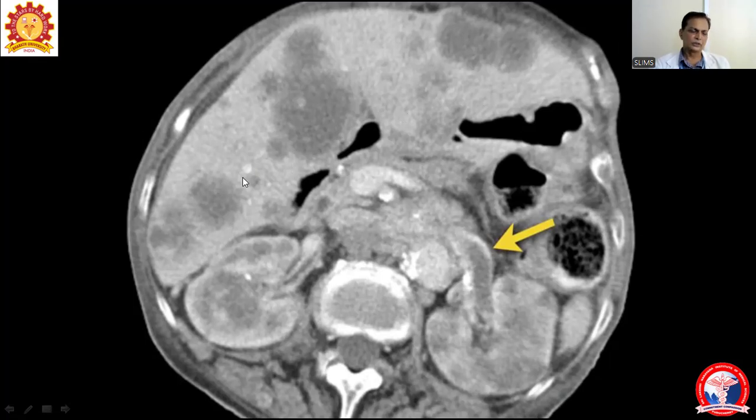And multiplicity also is one of the various morphologies, and goes in favor of malignancy. Here we are seeing renal cell carcinoma metastasizing to the liver, and one extra additional finding is shown by the yellow arrow, that is left renal vein showing intraluminal non-enhancing area, that's a thrombus.